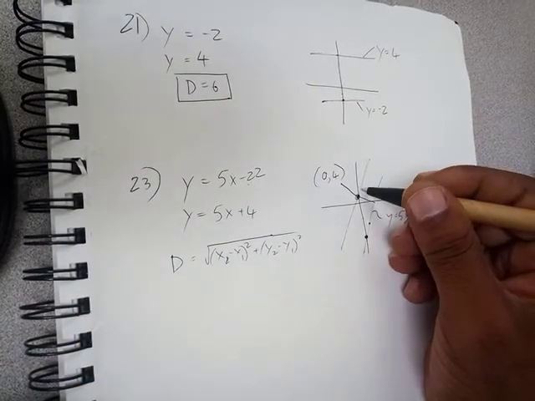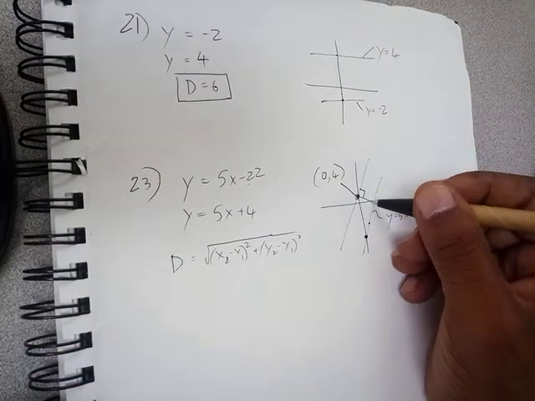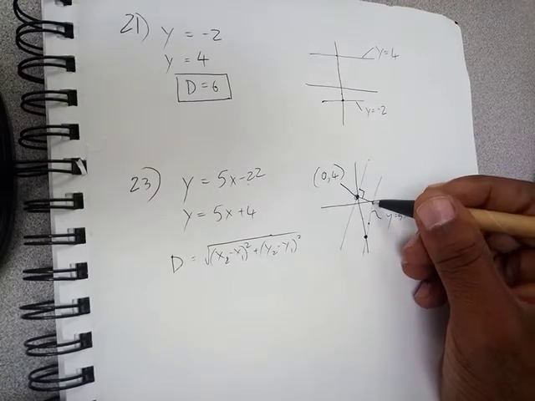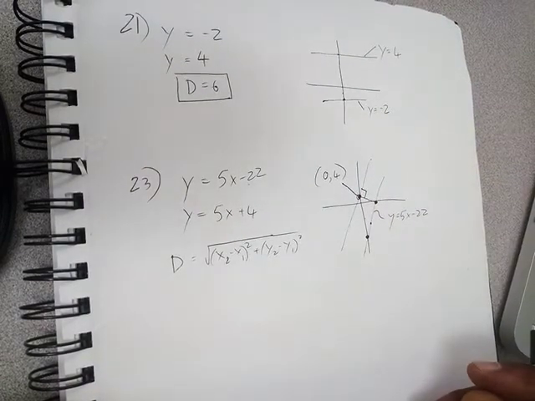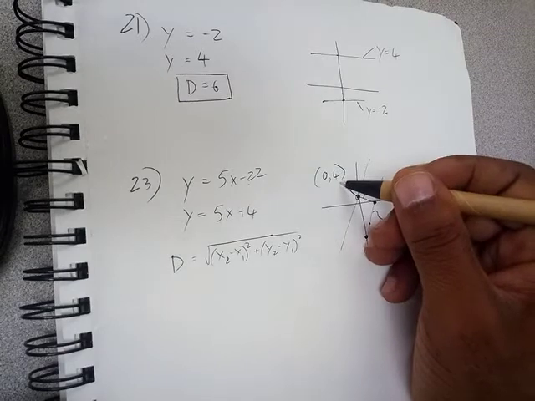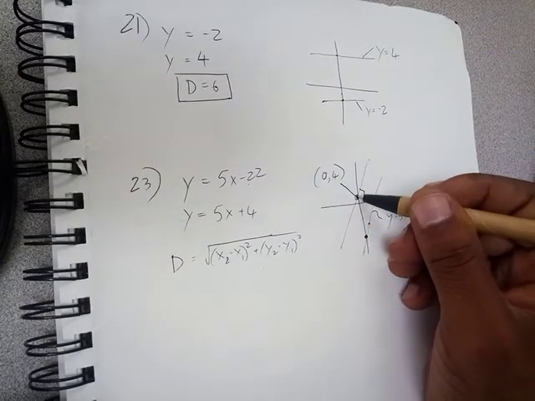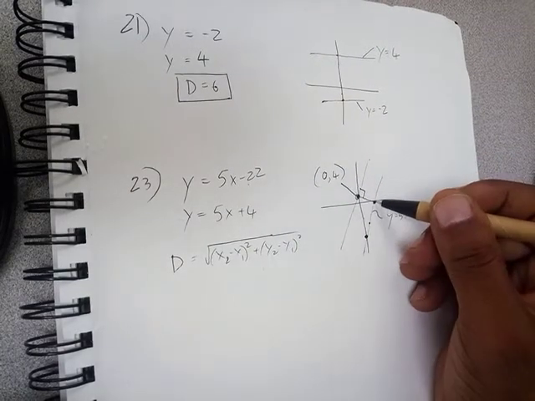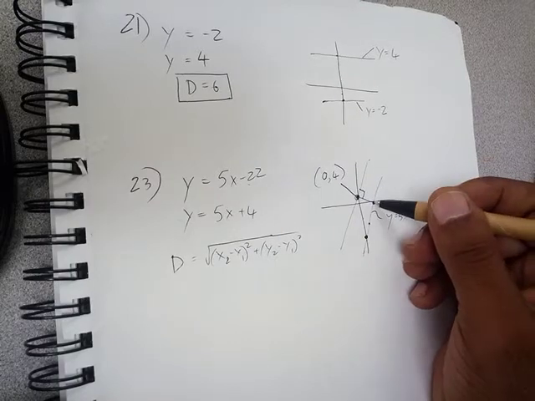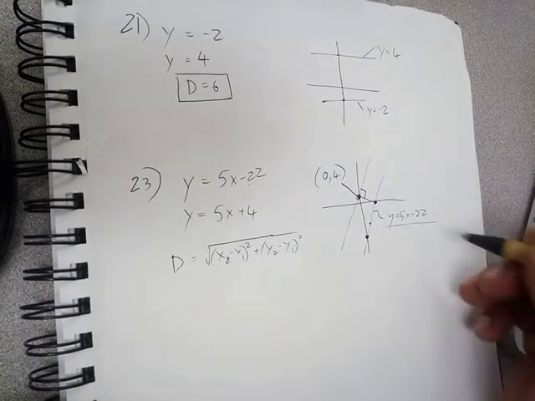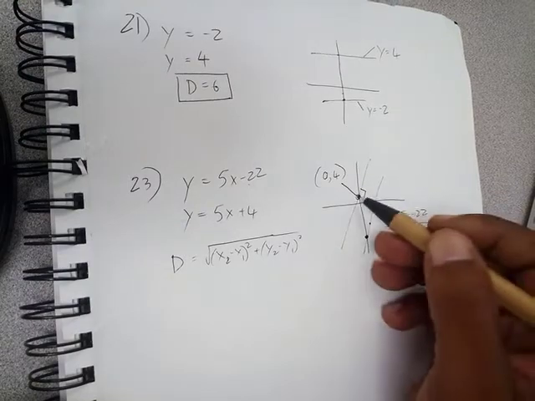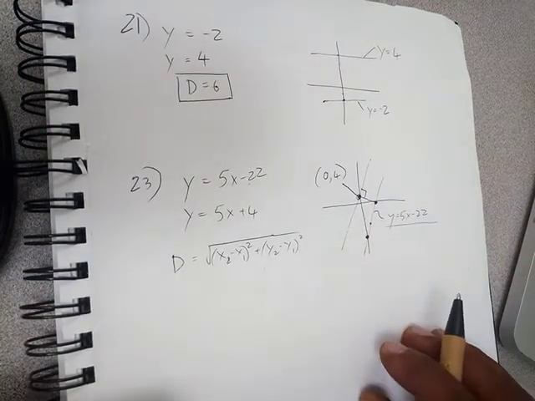Let us find the point that's perpendicular to this point, okay? In order to do that, we're going to define the perpendicular line passing through the point (0, 4) that also intersects this other line defined by that equation. This will give us 2 points, then we can use the distance formula.